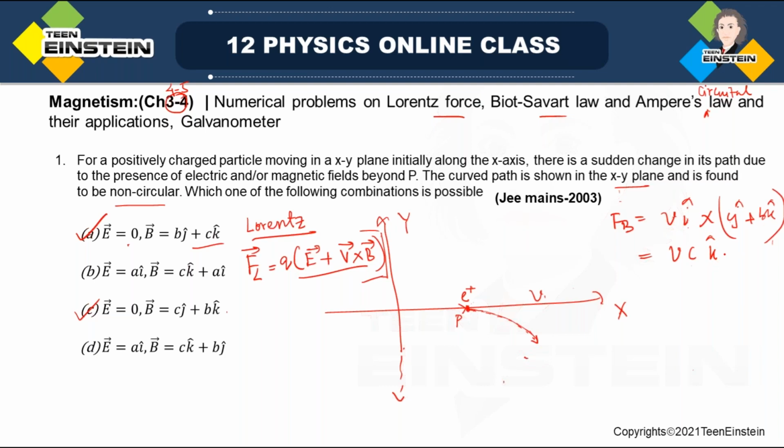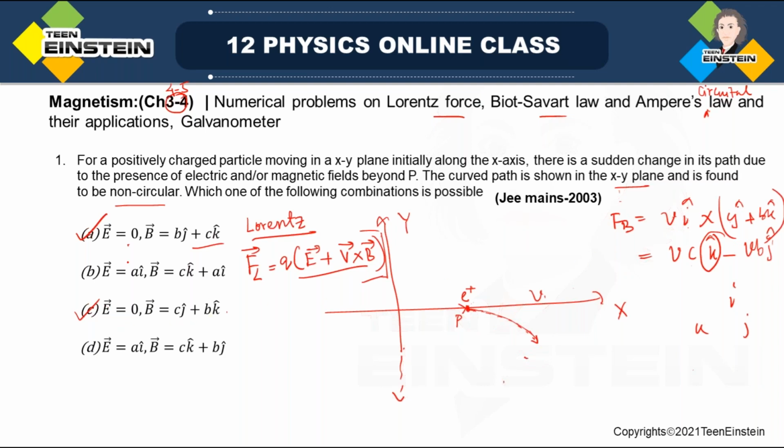And i cross k is minus j, so vb minus j. Here also you look, there is a component along the k cap direction. That's why this curved path will not be obtained by these two magnetic forces.